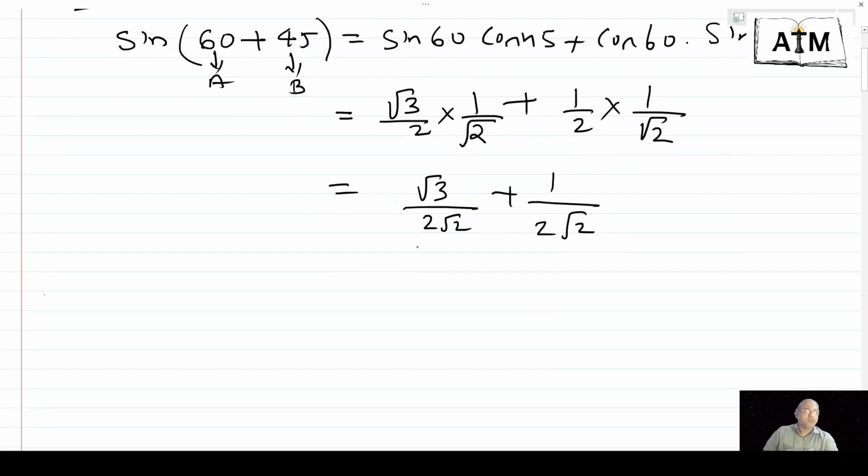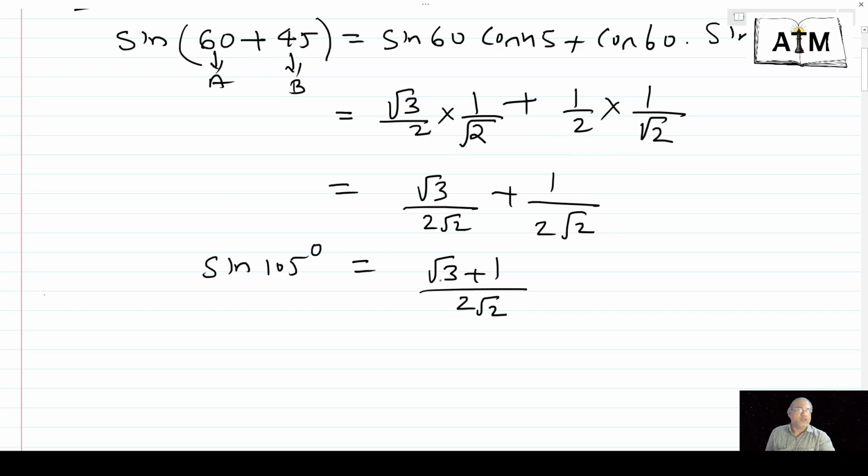Now here the denominators are equal, therefore we can write root 3 plus 1 upon 2 root 2. Therefore sine 105 degree equals root 3 plus 1 upon 2 root 2. This way the sine of a plus b formula can be utilized.